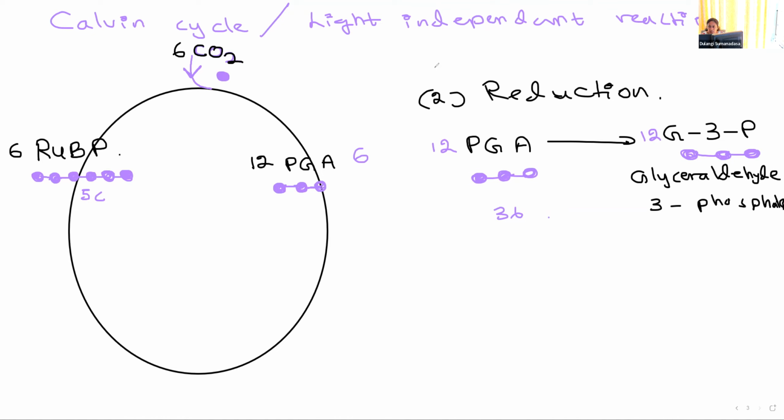Can you write it down underneath? I need the numbers. So we are bringing 12 G3Ps. And from these 12 G3Ps, we are using only 2 G3Ps.